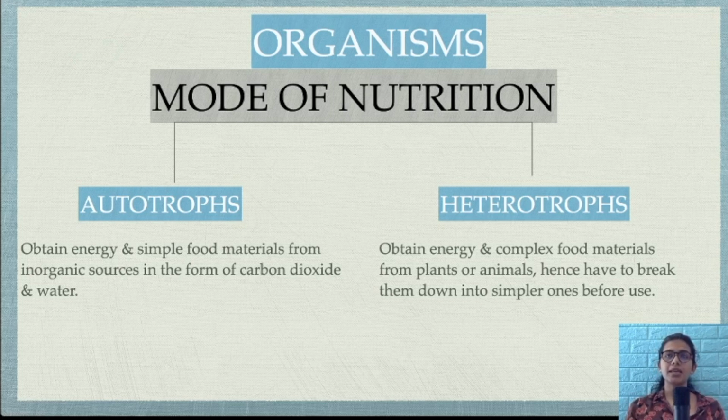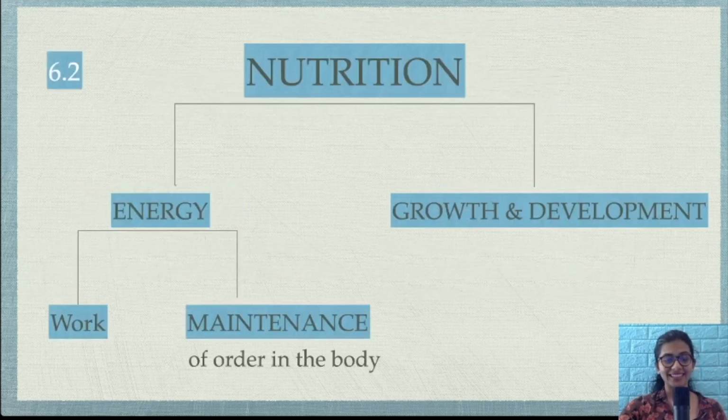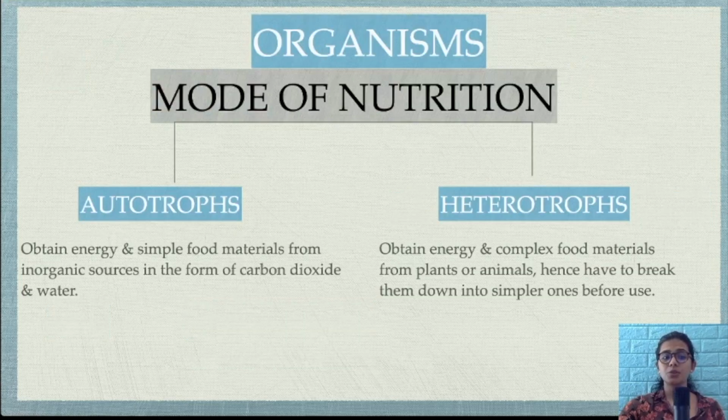That means they satisfy their energy and those raw materials that we spoke about in the last slide, the raw materials needed for growth and development and energy. For these two purposes, autotrophs use inorganic sources, that is carbon dioxide and water, right?